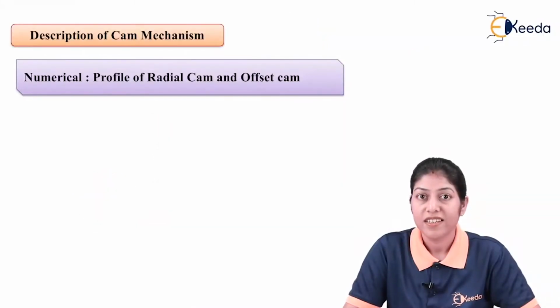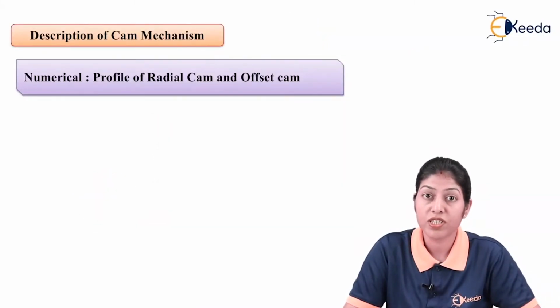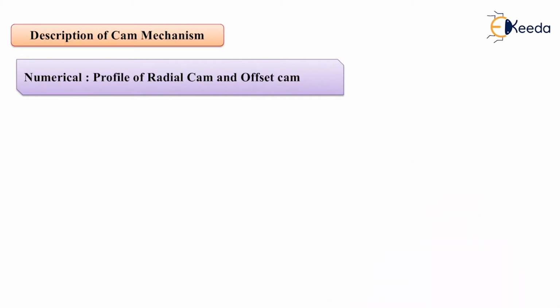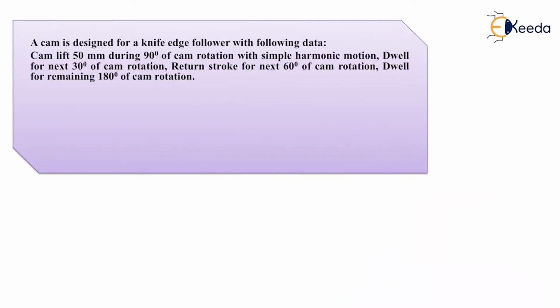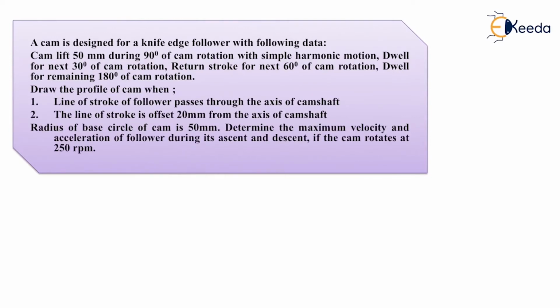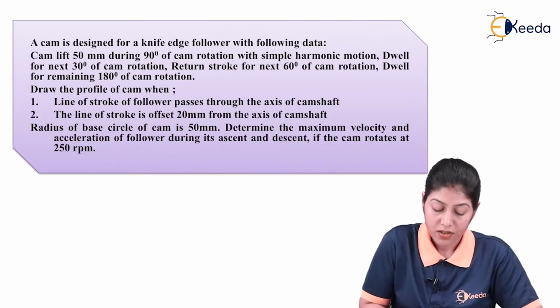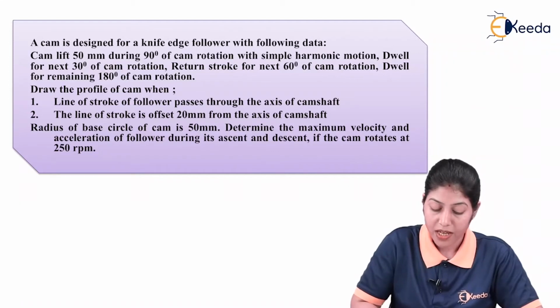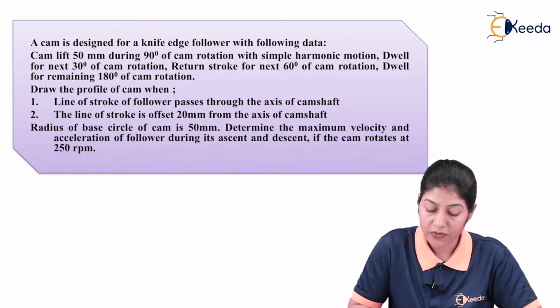So let's start the discussion over the numerical which is related to concept of radial cam, and the numerical is here. In numerical it is given a cam is designed for a knife edge follower with following data.